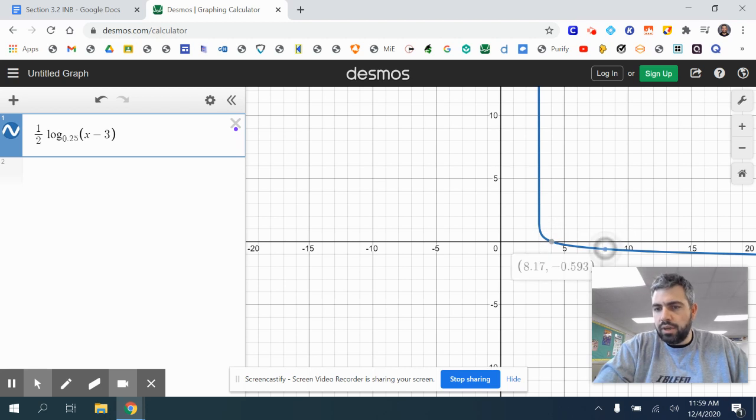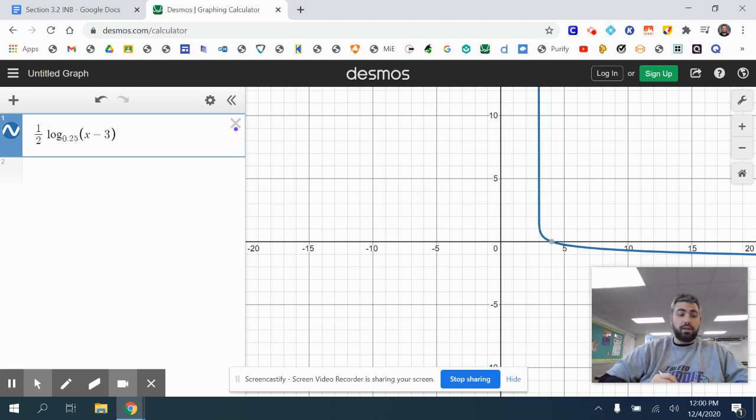And then we also had the point (7, -1/2). It's hard to get to, but there it is right there. All right, so (7, -1/2). So we know that we did it correctly, okay?